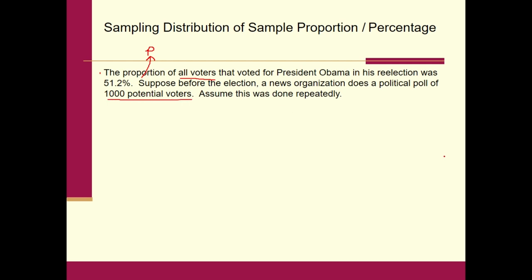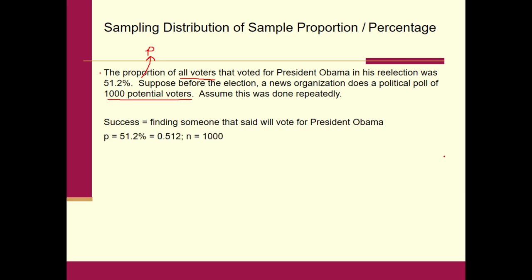Okay, assume this was done repeatedly. So here, what would be a success? A success would be finding a person who voted for President Obama in his reelection. Okay, and we found out that P is equal to 51.2% and N is equal to 1,000. Seem reasonable so far?